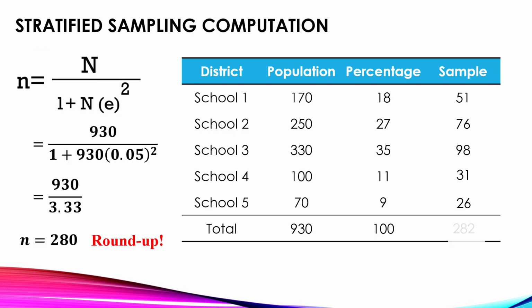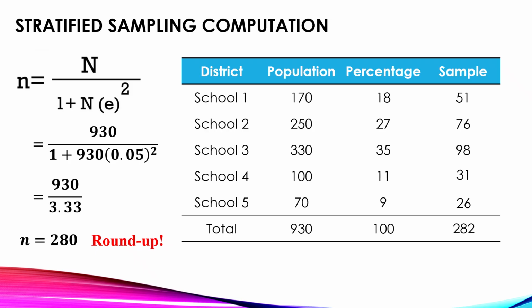This should have a total of 280. Now the problem is the total is more than that because of the percent being rounded up. So what you can do to make it 280, although it's technically fine to have more than the sample size because it's 282, but for it not to be questioned because of having different values from the calculated sample size, you can just adjust, but make sure that you don't remove these extra two from just one area.